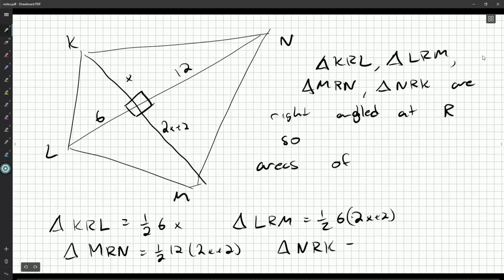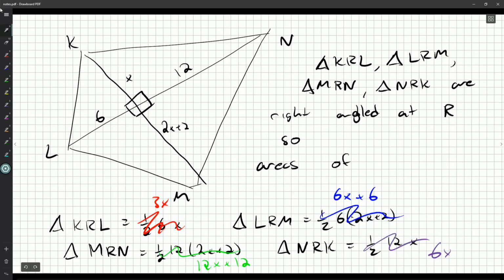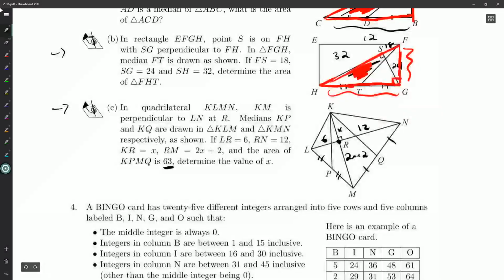And NRK, 1/2 base of 12 height of x. So we can work these out. Change this to 3x. Change this to a 6x plus 6. And then 12x plus 12. And then a 6x here. And if we add all those up, that should be equal to 63, unless I was misreading it.